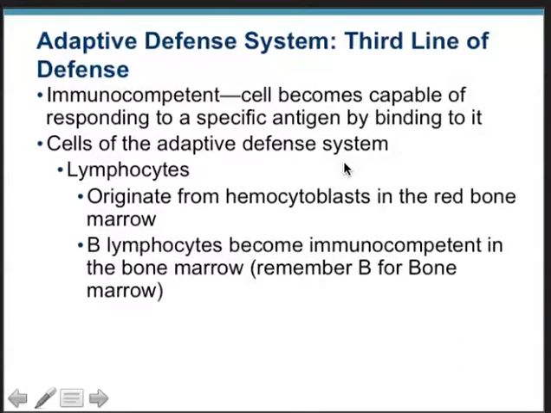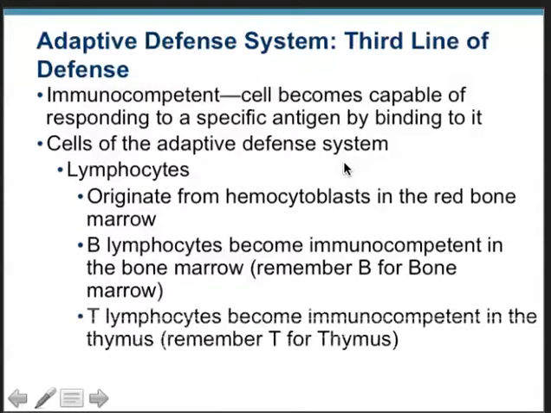B lymphocytes become immunocompetent in the bone marrow, and the way to remember this is B for bone marrow, B for B lymphocyte. Remember that the B lymphocytes are the antibody producers, the agents of humoral immunity. And then the T lymphocytes are chemically educated to fight disease in the thymus, that lymphatic organ that sits behind the sternum and in front of your heart.